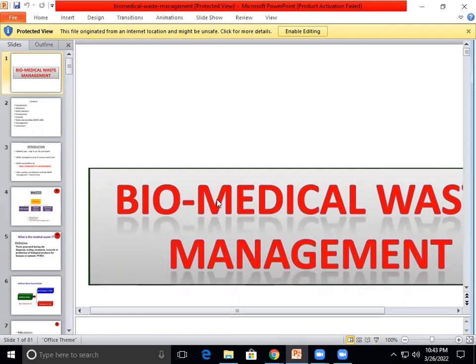This is biomedical waste. How is biomedical waste management done? What are the types of biomedical waste? There is a separate study on this biomedical waste, to know these types of waste and how this waste is collected, treated and disposed of.